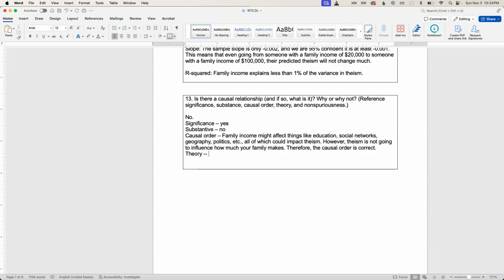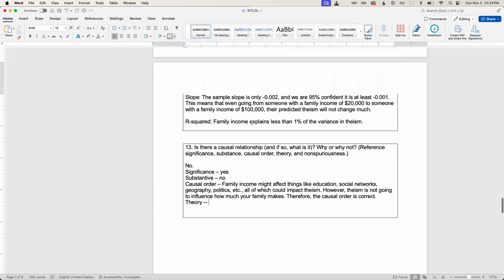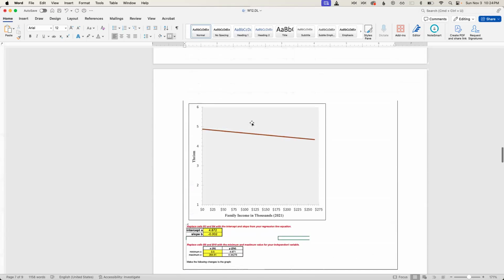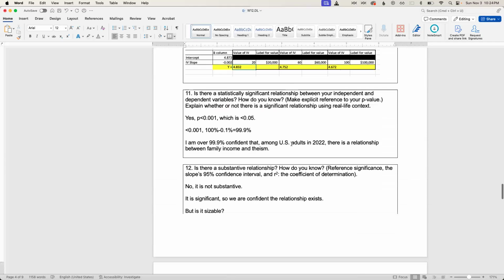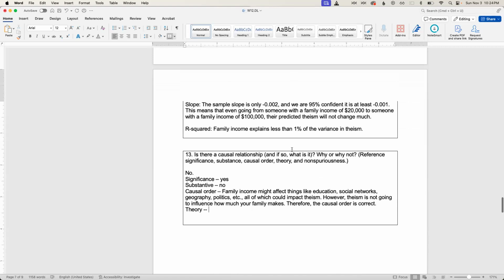Okay, theory. So here again, there wasn't much difference, but as people got wealthier, or sorry, as their family income grew, they were slightly less theistic. So why might that be? I don't know. I'm just going to come up with something.